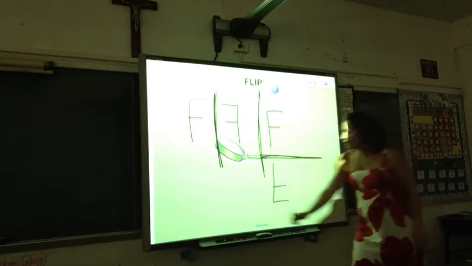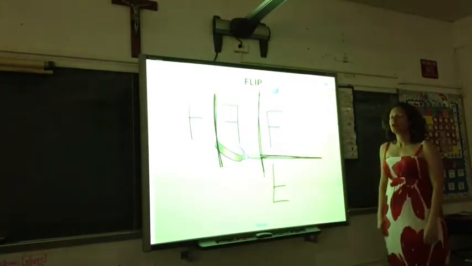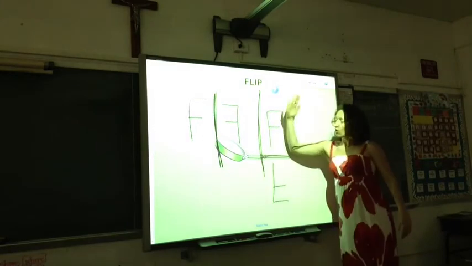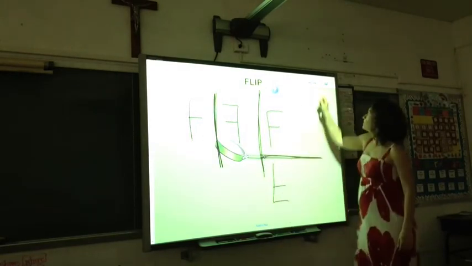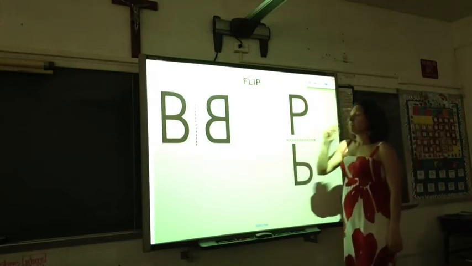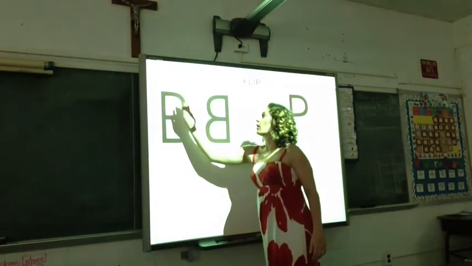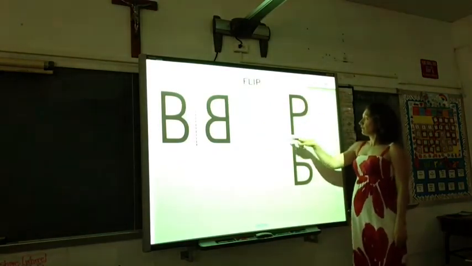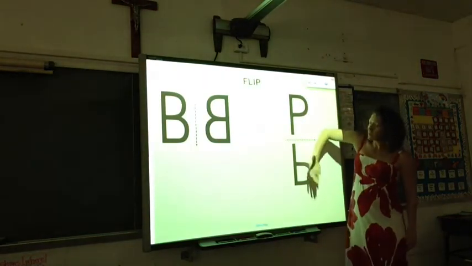Okay? So two different examples of how you can flip over a vertical line or over a horizontal line. Some more examples of flips. This flip is a B flipping over a vertical line, and this one is a P flipping over a horizontal line.